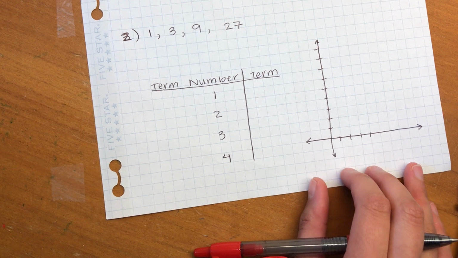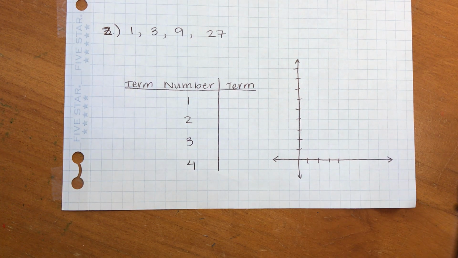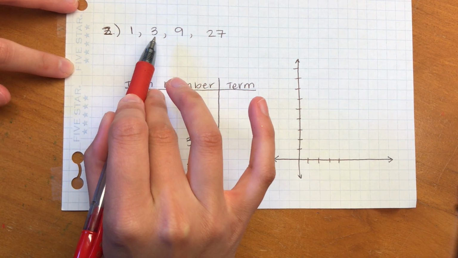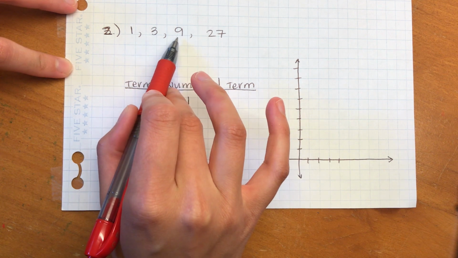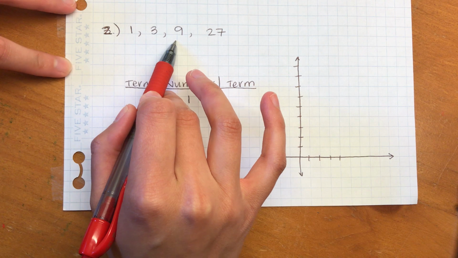All right, my next example, number 2, we have the sequence 1, 3, 9, 27. In this case, what's happening between each number? To get from 1 to 3, we could add 2, but are we adding 2 from 3 to 9? No. This would be adding 6.